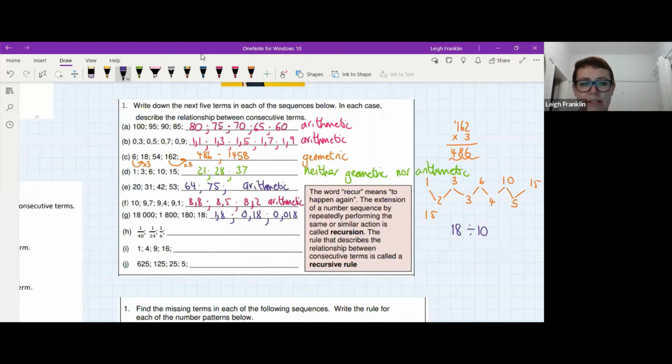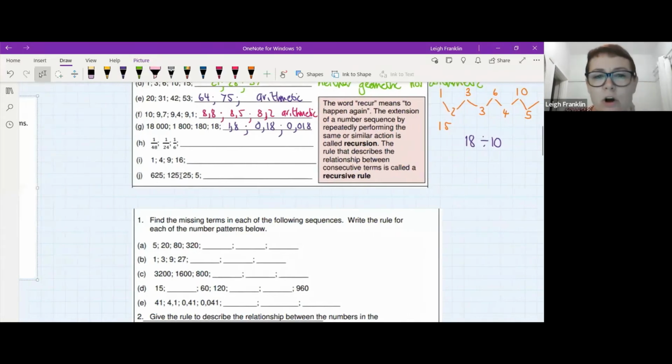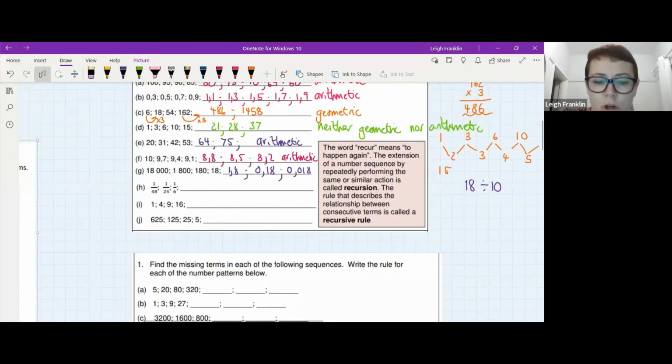Very nice. And is this arithmetic or geometric? Arithmetic. Why is it arithmetic? If it's arithmetic, it means there is a constant difference. So a constant difference means that if we're getting smaller, we have to be minusing the same amount every time.